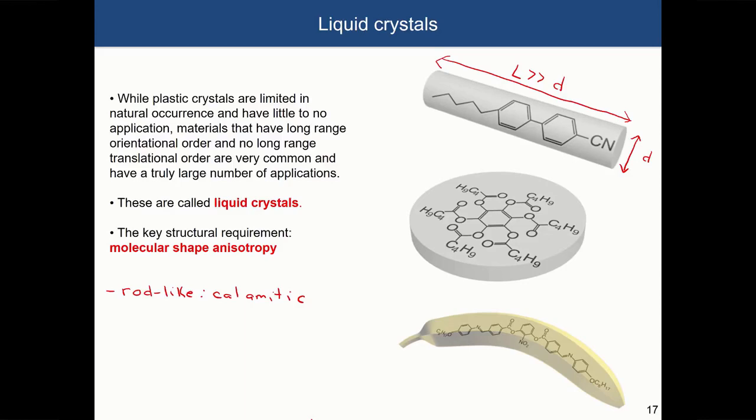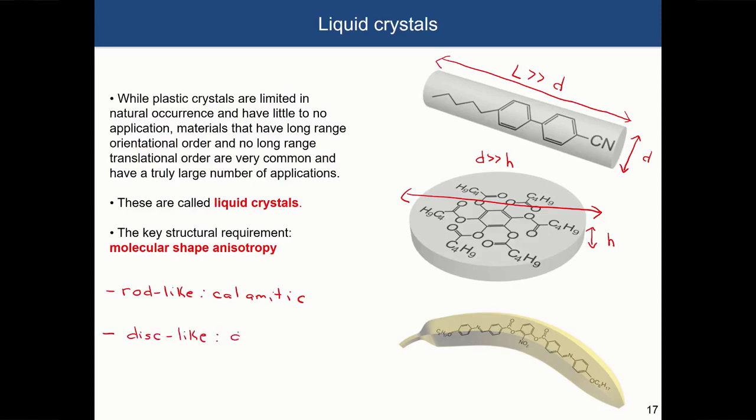Then if they have disc-like shape, what that means is that the diameter is significantly larger than the height of the molecule. So this is disc-like. These will be called discotic. Again, I already mentioned there are other types but these are the most common. So the calamitic and discotic liquid crystalline materials are the most common ones.